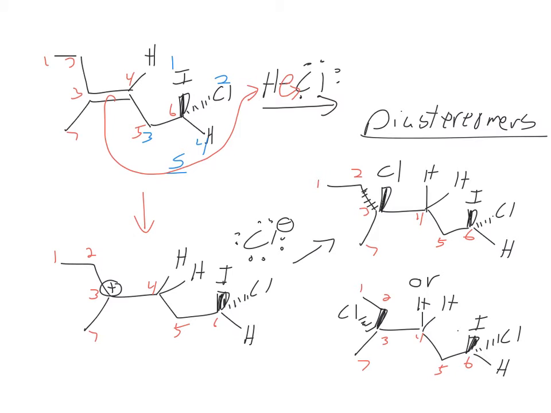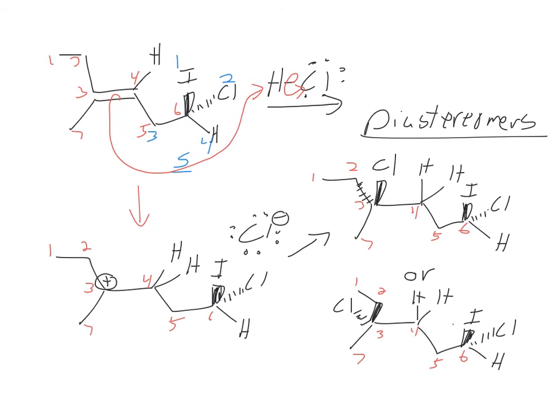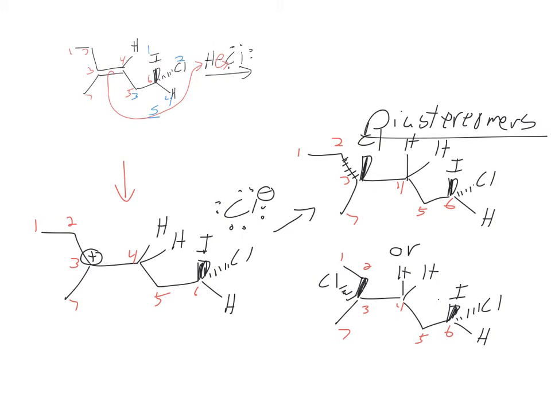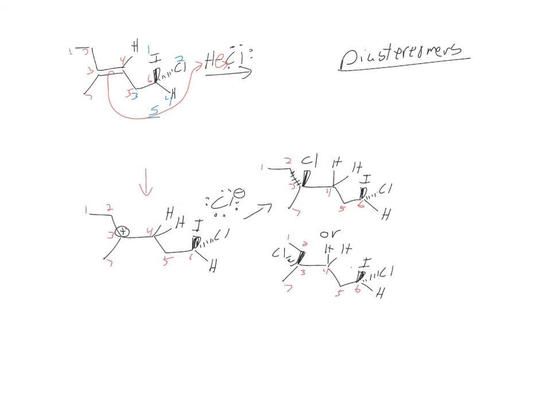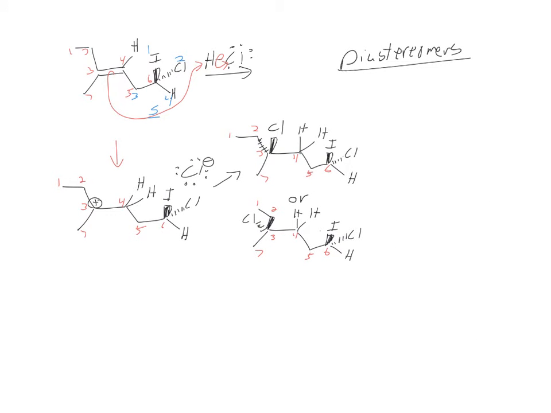Another thing to think about with this problem is whether it is a Markovnikov product or an anti-Markovnikov product. Let's shrink this down and get rid of that. When we talk about Markovnikov, I just say Mark and anti-Mark.